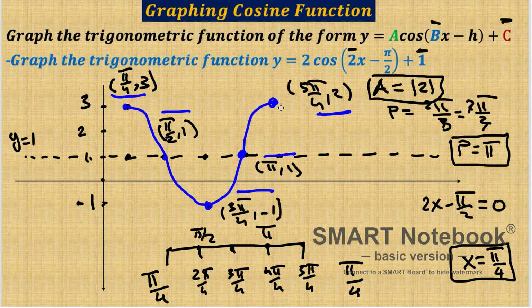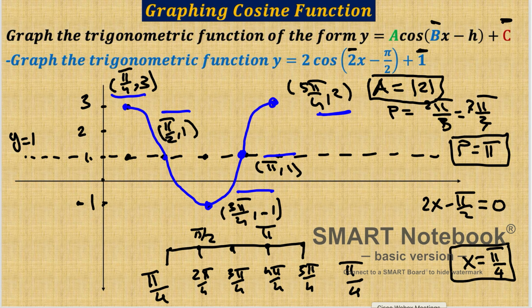If we want to draw more periods, after 5 pi over 4 we keep adding pi over 4 and we can find all the points. If we want to continue to the left side toward minus infinity, we keep subtracting pi over 4, and we get the other points.